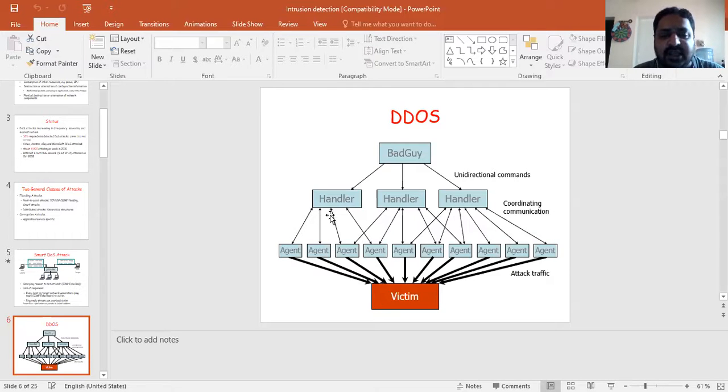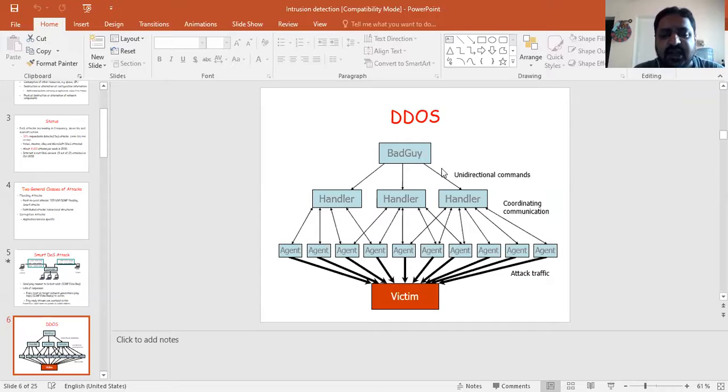For example, here there are systems in between them, which are called the handlers, and there are the systems which are called agents. What the attacker does is install different services on every individual system in the network, and then every system launches an attack on the system which is called the victim here.